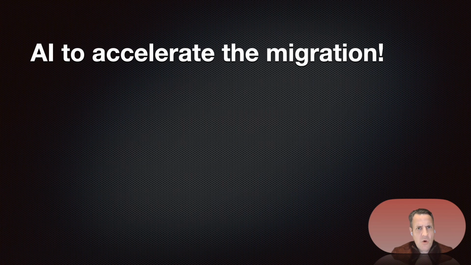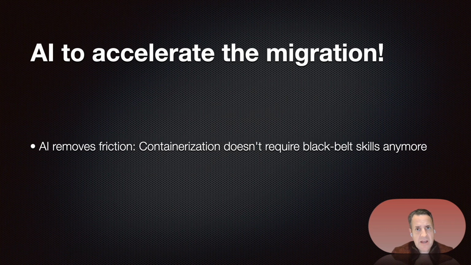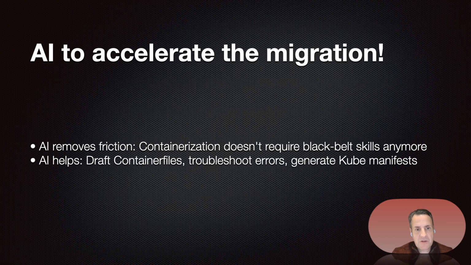So, a great tool to help you accelerate the migration is your favorite LLM. Doesn't matter if it's Google or ChatGPT or Claude or Grok or whatever one you want to use. AI, any kind of AI, is going to help you remove the friction, and it will not require any kind of black belt skills anymore.